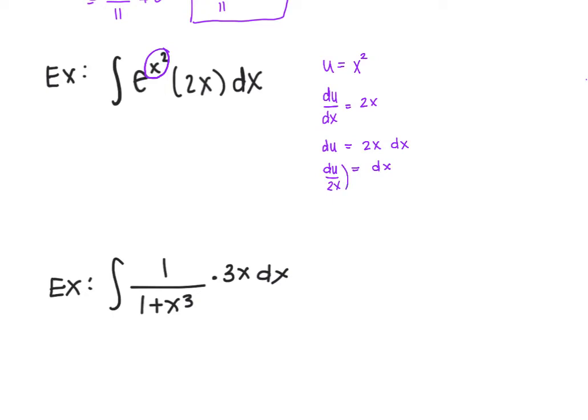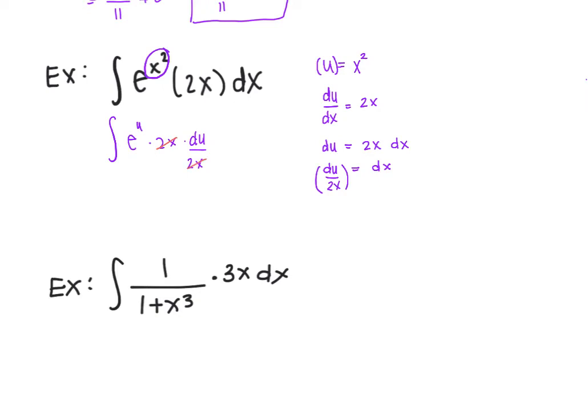And so now I'm going to plug the du over 2x in, and I'm going to plug u in to the original equation. So I have e to the u times 2x times du over 2x. And you'll notice now that the 2x's cancel.